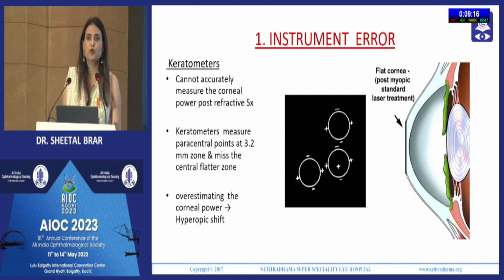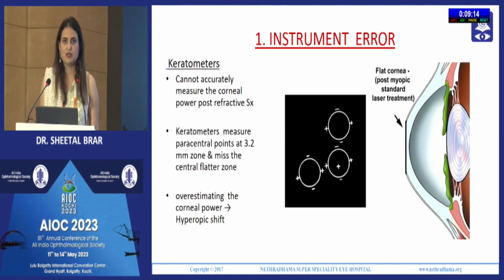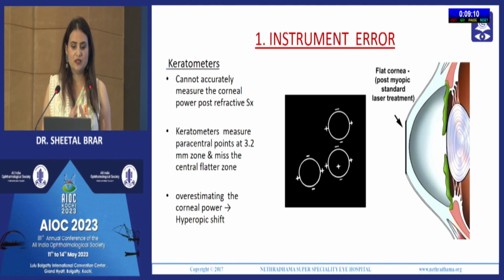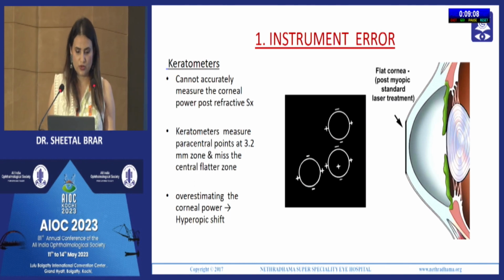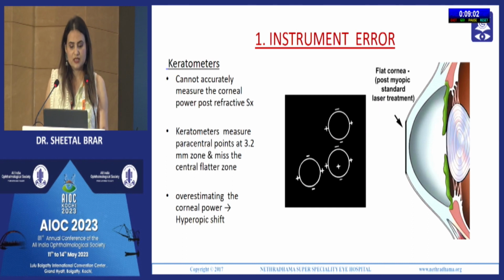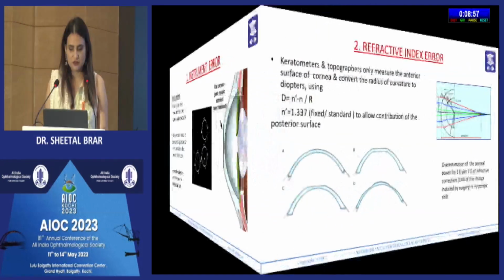We know that post-refractive surgery, especially myopic and also hyperopic surgery, the maximum change in the cornea occurs in the central 3 millimeter zone. So this is the area which is not measured accurately, and hence this can lead to overestimation of the corneal power and a resultant hyperopic shift.